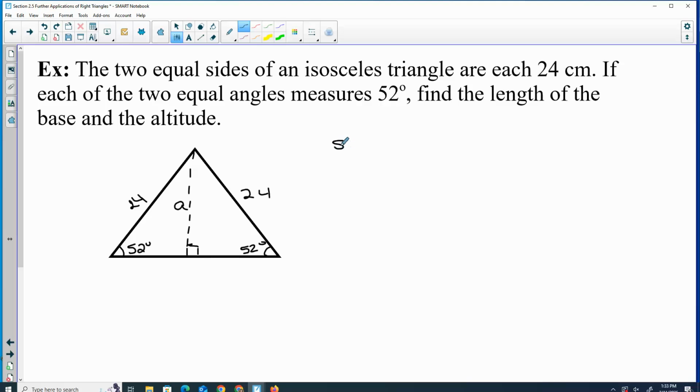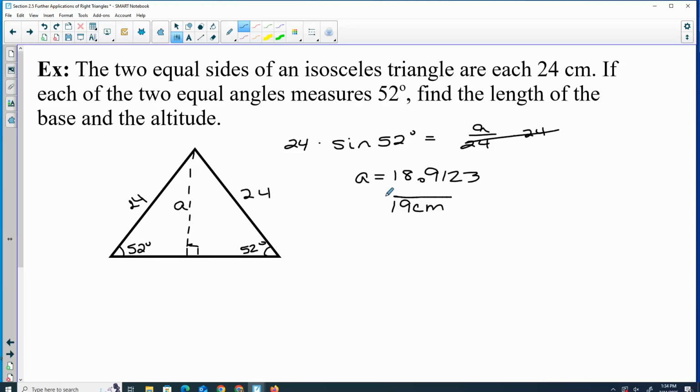So we can say the sine of 52 degrees equals A over 24. And that gives us 18.9123, or if we round it to significant digits, it would just be 19 centimeters.